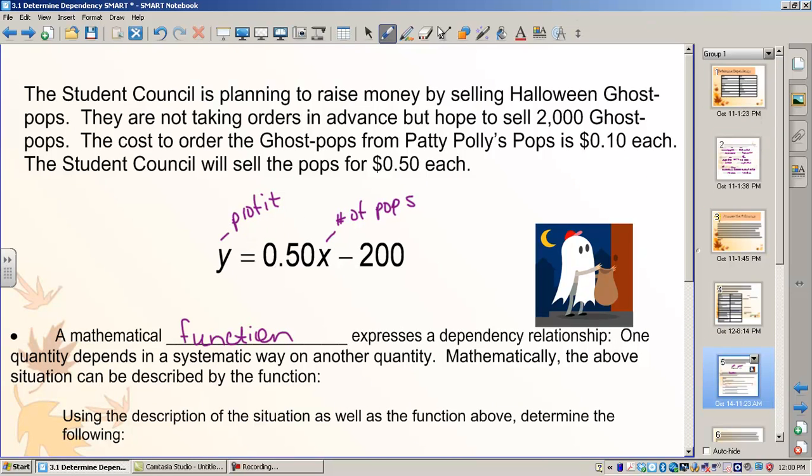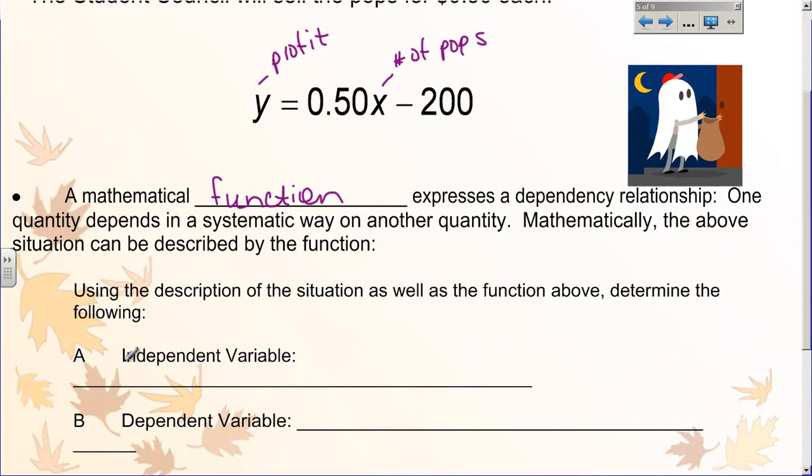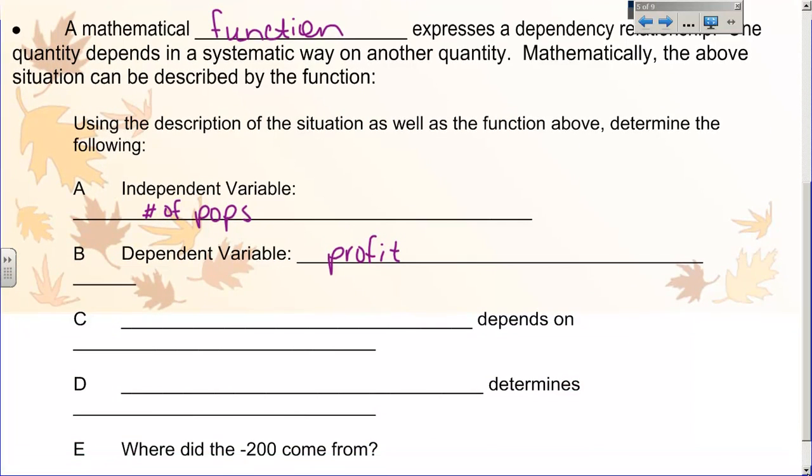Now that we've decided what those two things are, the independent variable is going to be your x, so it's the number of pops that are sold. The dependent variable is the profit that they're going to make because that's your y. That's what y stands for. And so their profit depends on the number of pops sold.